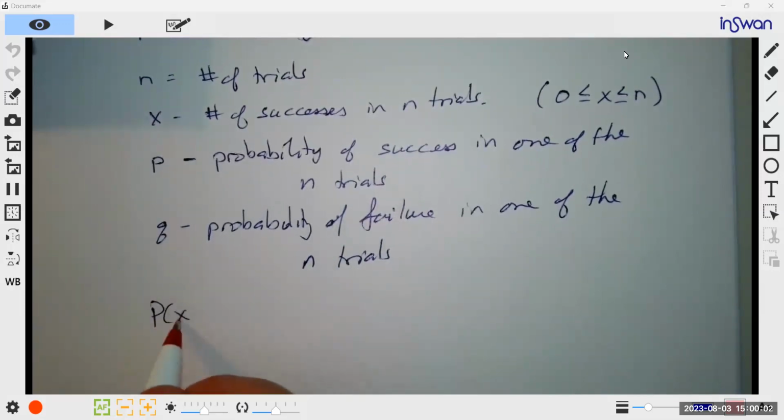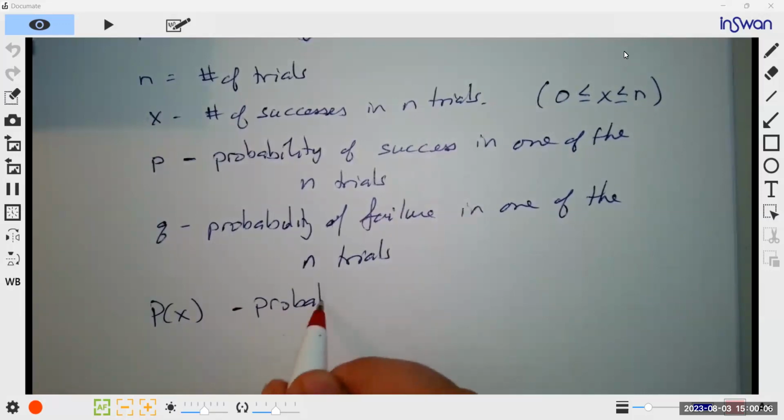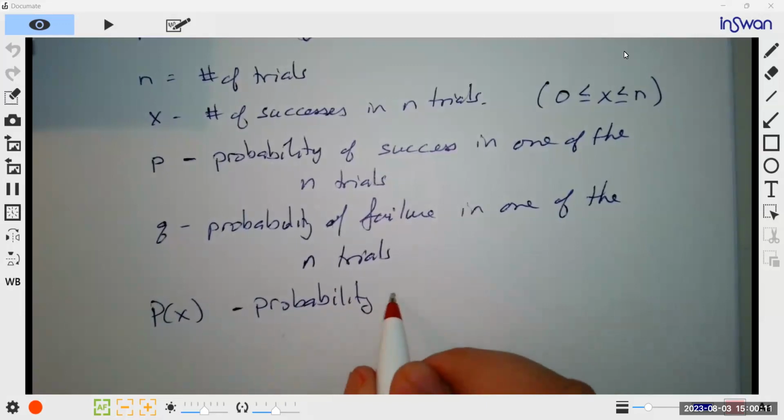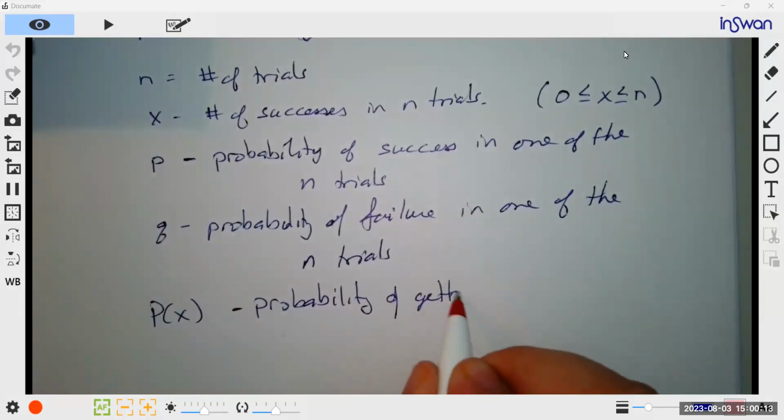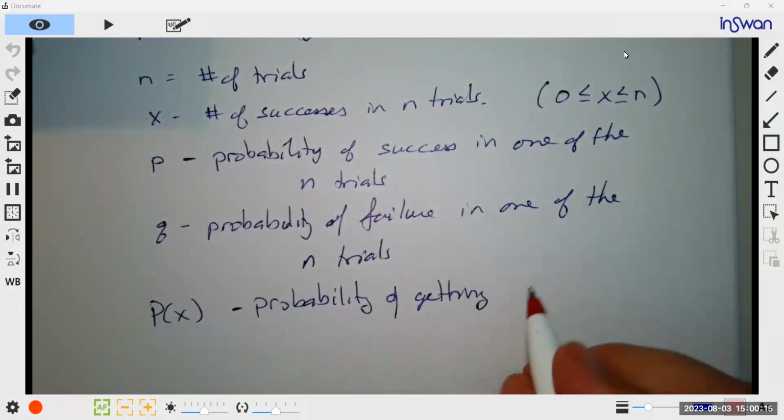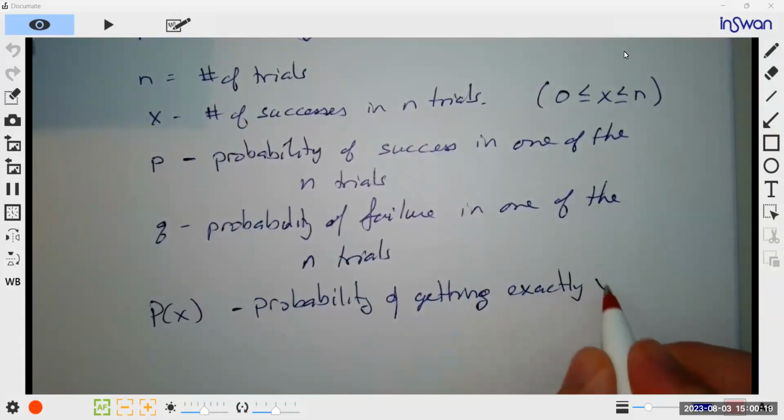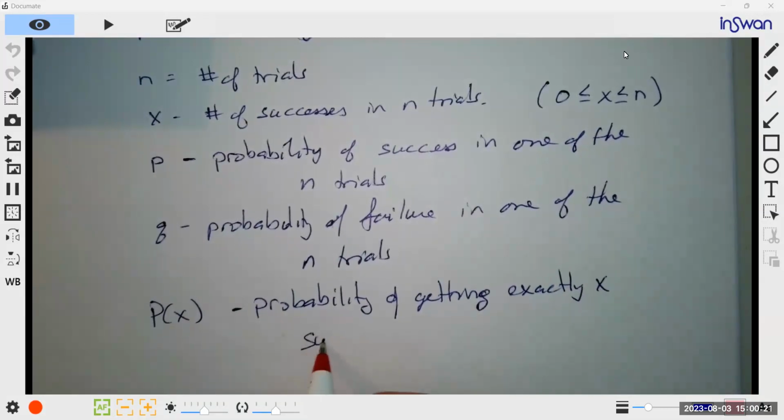And the probability of X is the probability of getting exactly X successes in N trials.